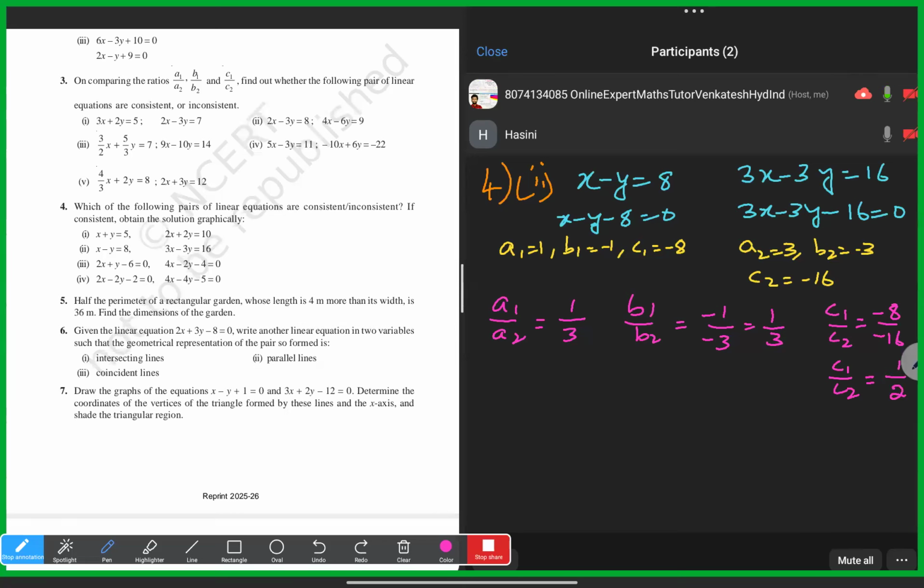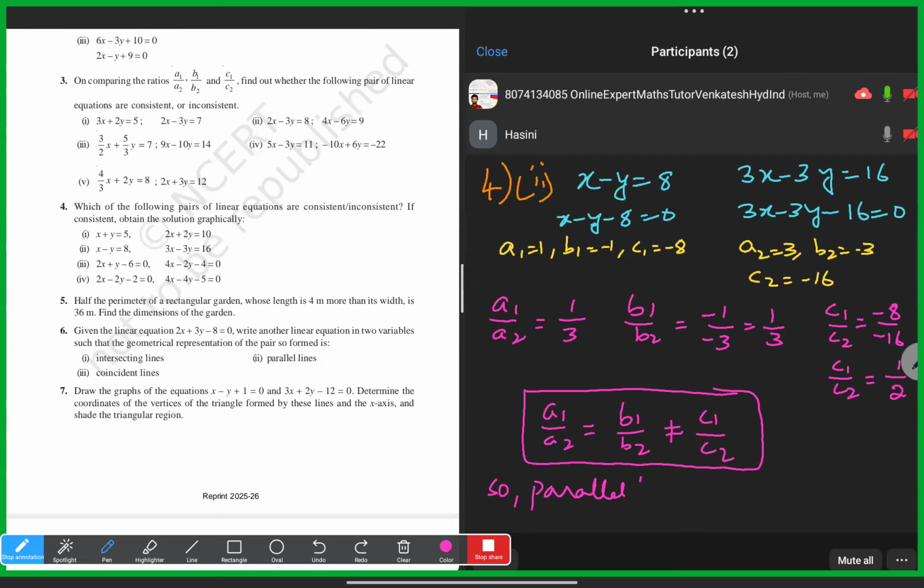So a1 by a2 equals b1 by b2 but is not equal to c1 by c2. So these are parallel lines, an inconsistent pair of lines.